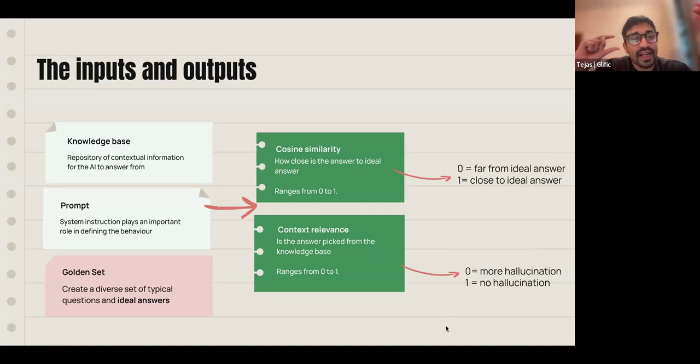If you see cosine similarity tending down, that may indicate we need to change the prompt, so that the AI matches the way the ideal answers are going to come. Those are some ways you can tweak and play around with this.